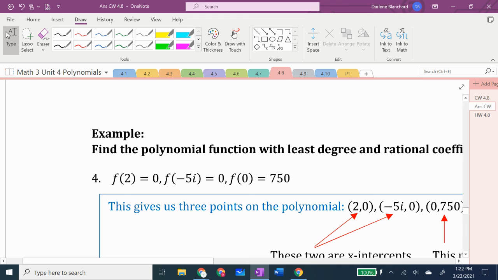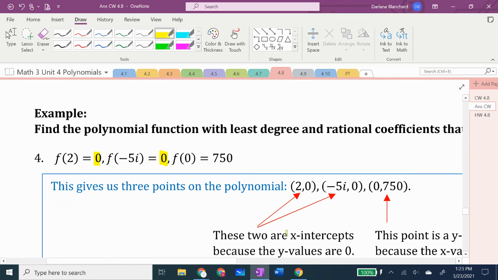And what you need to understand is when you are told f of some number equals 0, that's giving you zeros, x-intercepts. When you are told f of 0, the answer you're getting is the y-intercept.